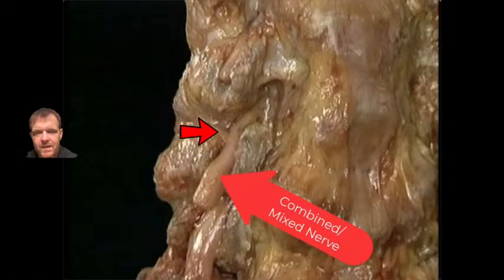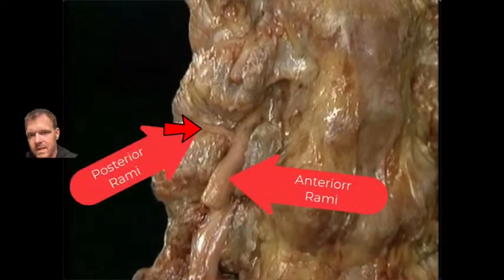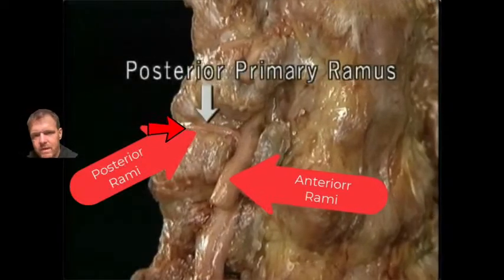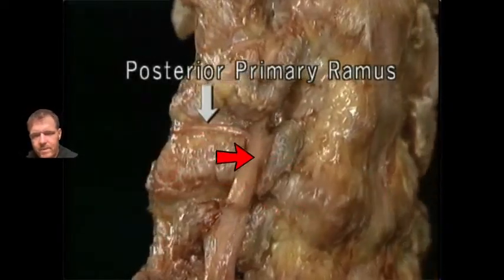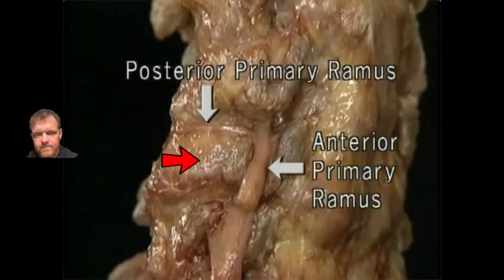This one here will go directly to the back and supply the skin and the muscles that overlie the back of your spine. So that one will just go straight back, straight to the skin over the spinous processes and the muscles that are there as well. So that's posterior rami, anterior rami. These are the branches.